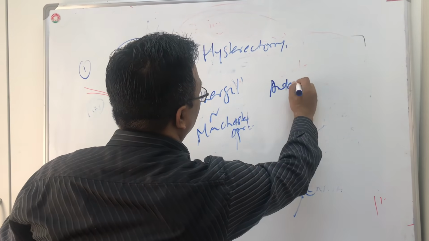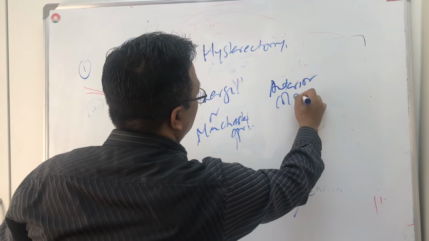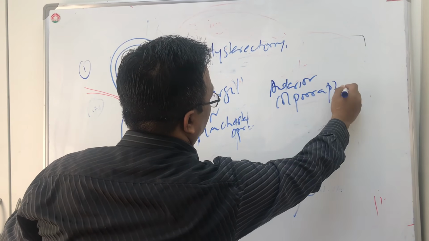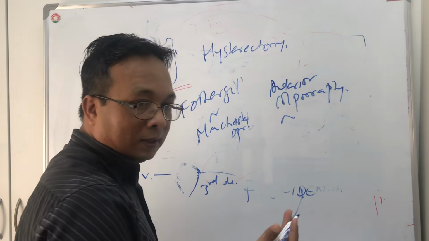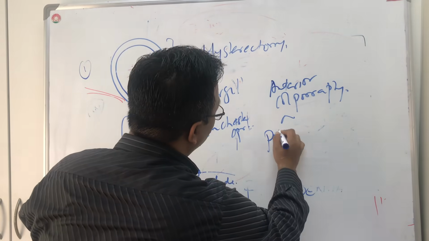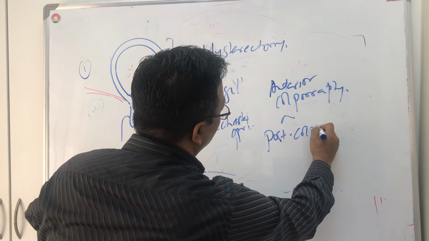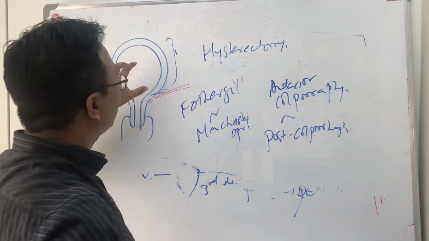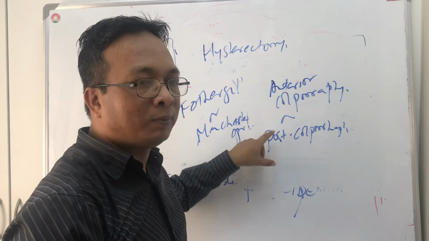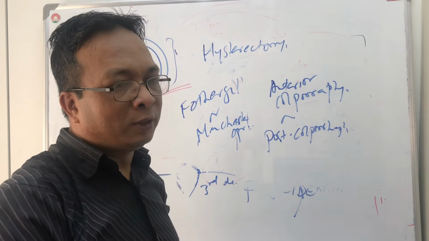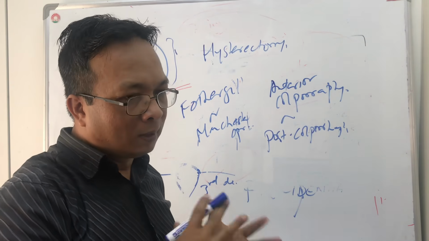Or when the posterior septum, the rectovaginal septum, is torn, you have to repair it, with posterior colporrhaphy. So the hysterectomy will be accompanied by anterior or posterior colporrhaphy. It depends upon the type of injury or the type of prolapse, how far it is.